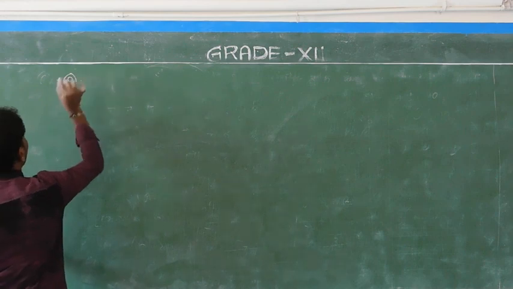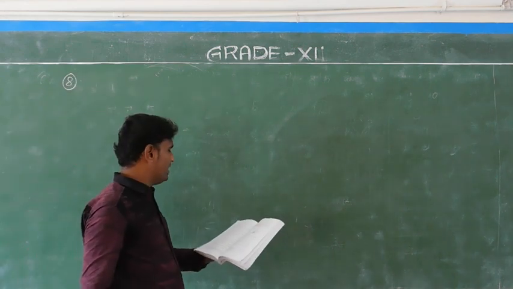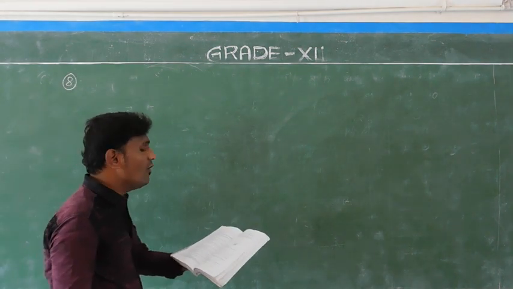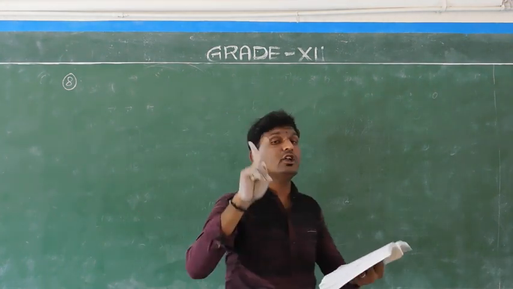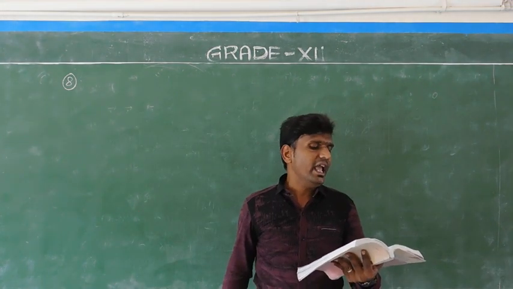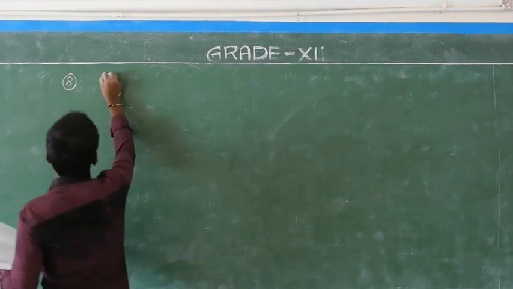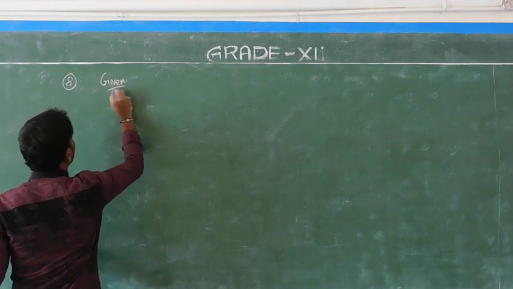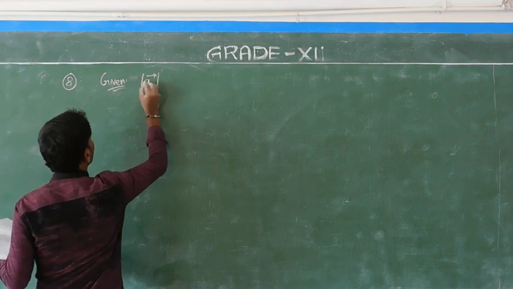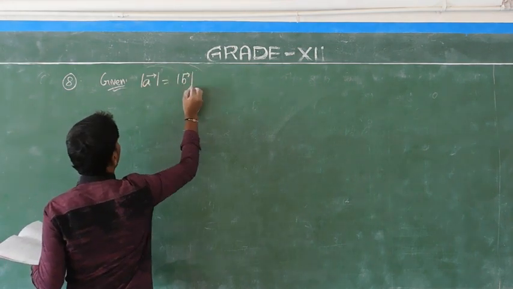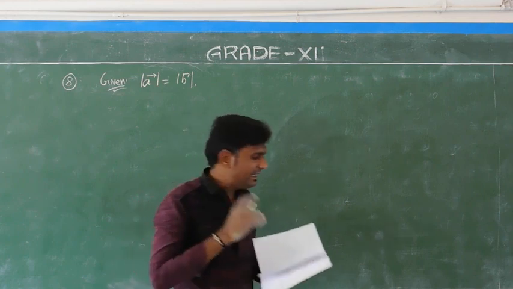Now I am giving you question number 8. Find the magnitude of the two vectors a and b having the same magnitude. What do you mean same magnitude? Modulus of a vector equals modulus of b vector, both magnitudes are equal.